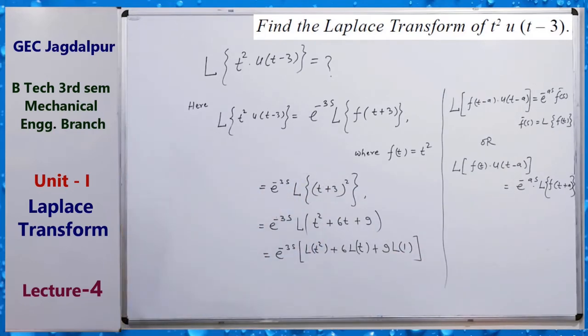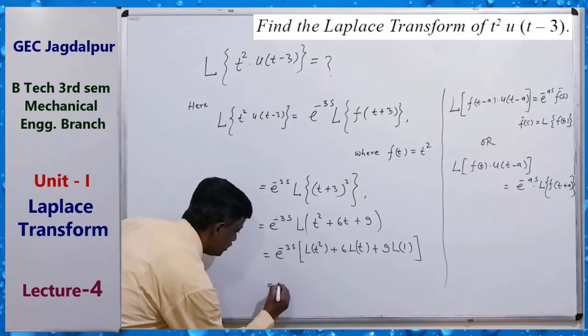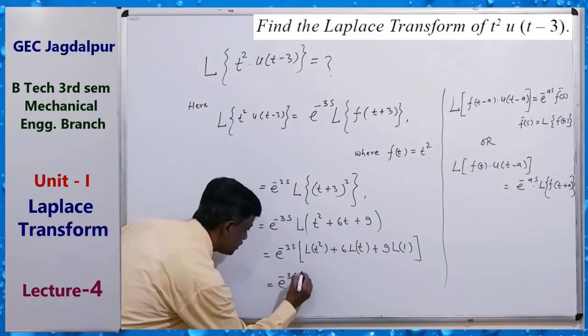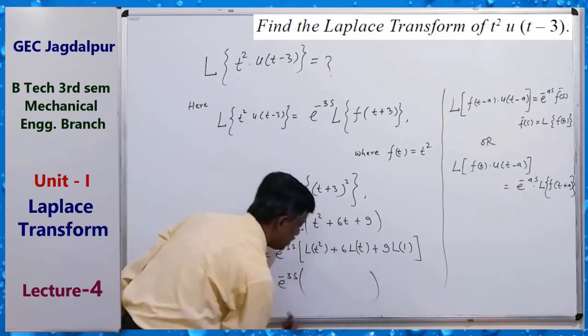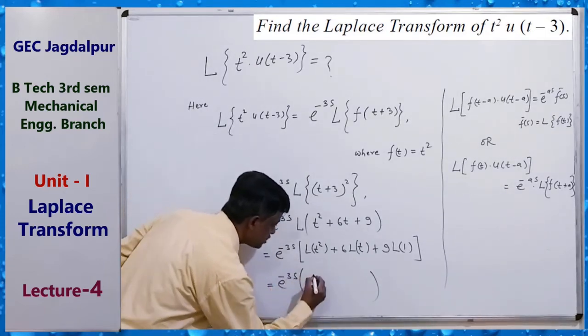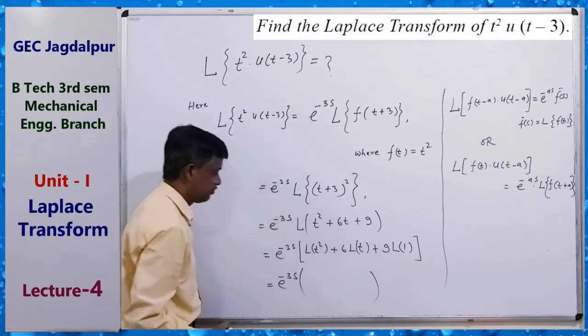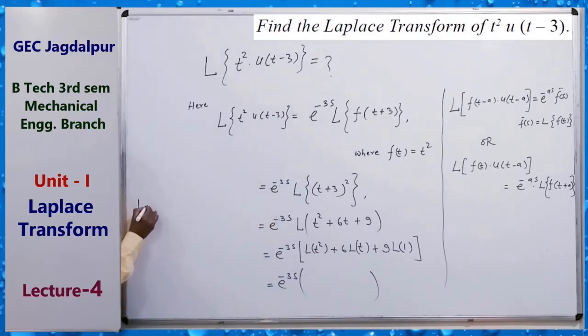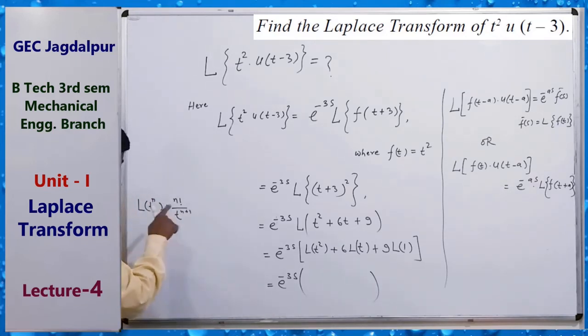Just use the linearity property of the Laplace transform. So what value can we get for the Laplace transform of t square? You know the formula: Laplace transform of t to the power n equals n factorial upon s to the power n plus 1 for integral n. So here n equals 2.